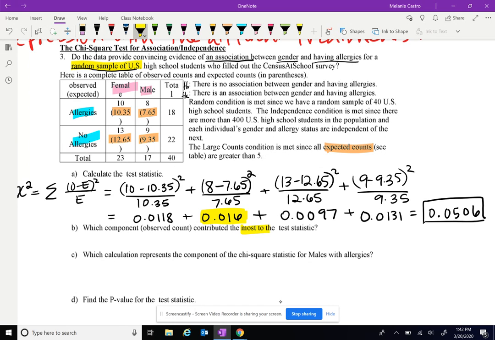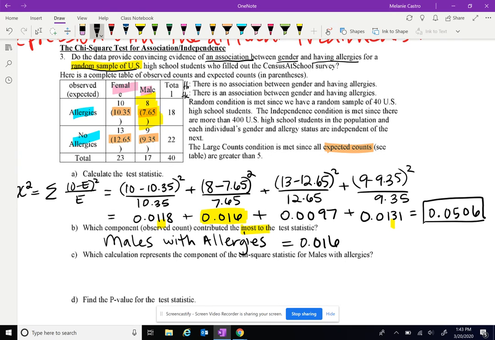So 0.016 is more than our other values. Since you're comparing those decimals, the 0.016 is the biggest, and that came from the 8 minus the 7.65. So that's going to be our males with allergies.